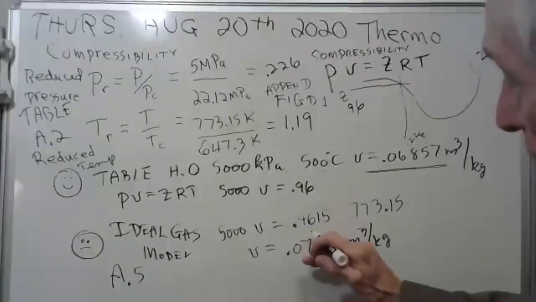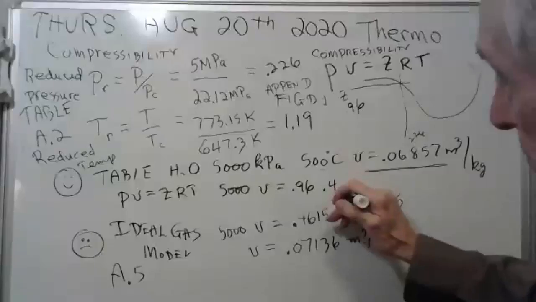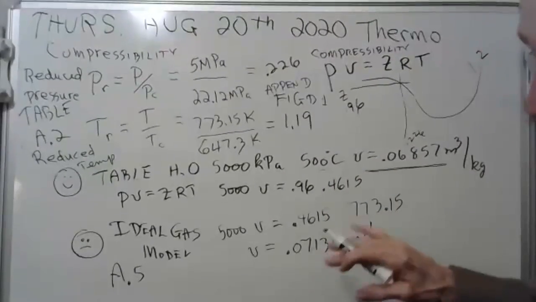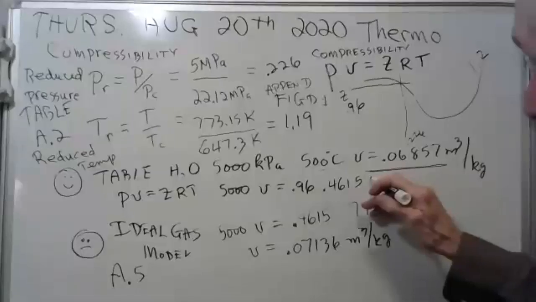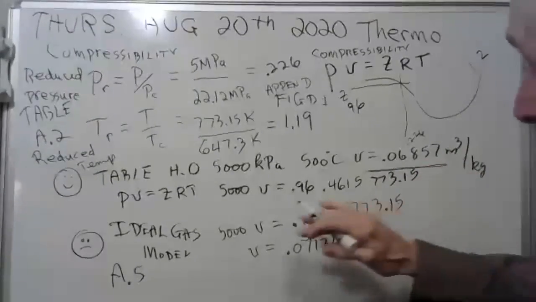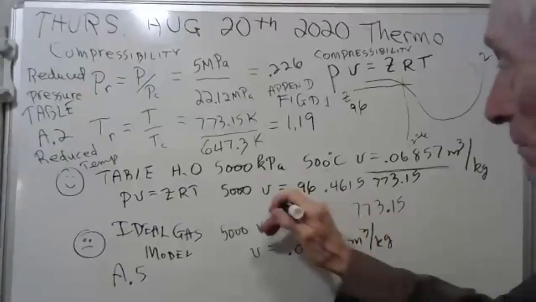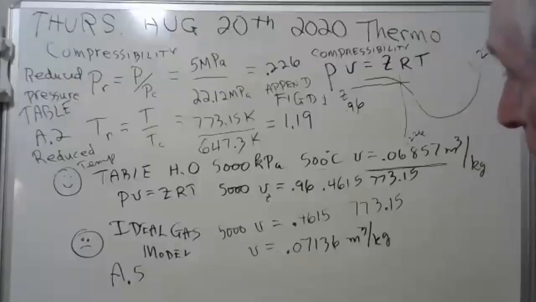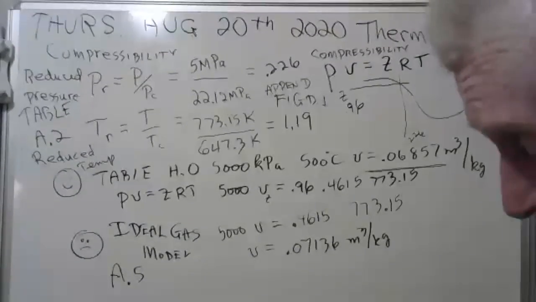The R is 0.4615, and the temperature in Kelvin is 773.15. Okay, solve that. Let me put a little Z on here so I can remember that's what you get using compressibility.